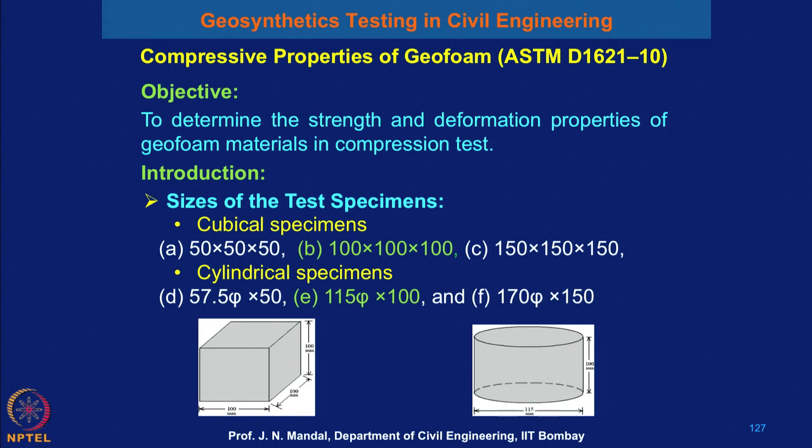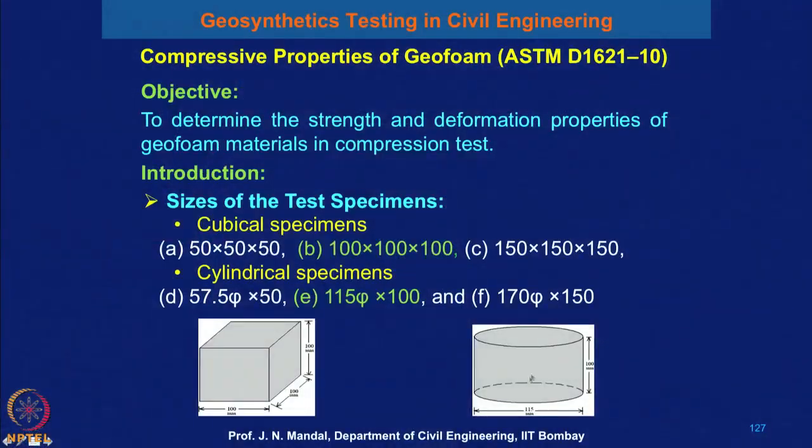Most of the time 50, 50, 50 millimeter is used, and it has a certain loading rate. You can also use cylindrical specimens, with a diameter of about 57.5 into 50, or 170 diameter into 50.